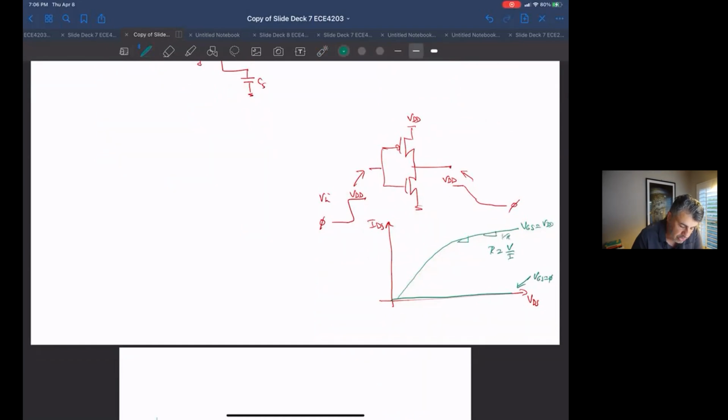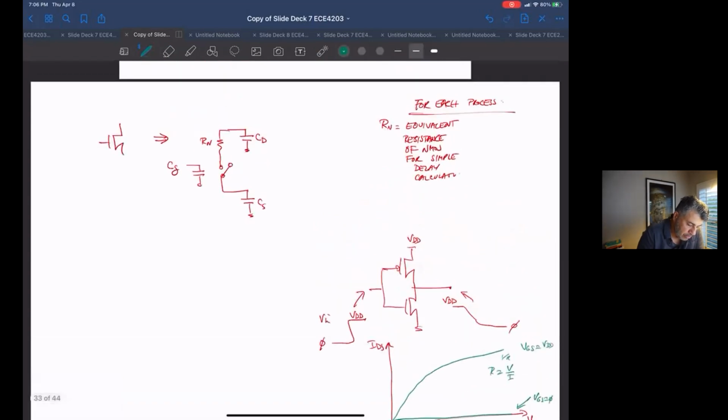Once this switch is on, the resistor is going to go through, so this guy would be connected to ground in that case.